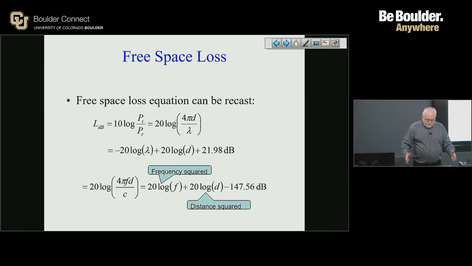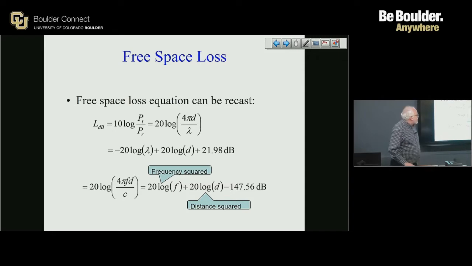That's why, if you look at your 5 gigahertz access points, your dual band access points, and go out and measure, and actually I've done this in my house, it was interesting. If you look at the 5 gigahertz band compared to the 2.4 band, for the same transmit power, there is almost a 6 dB difference in the received power.